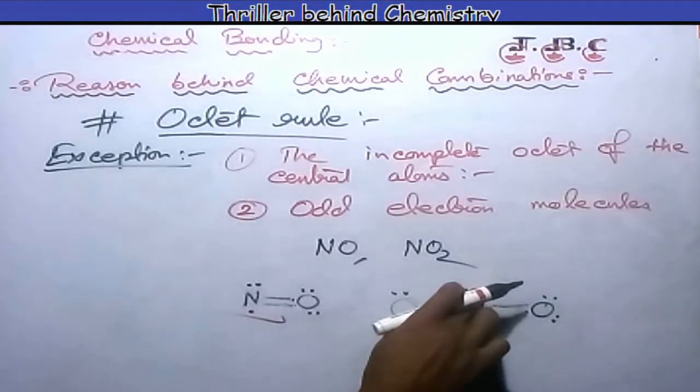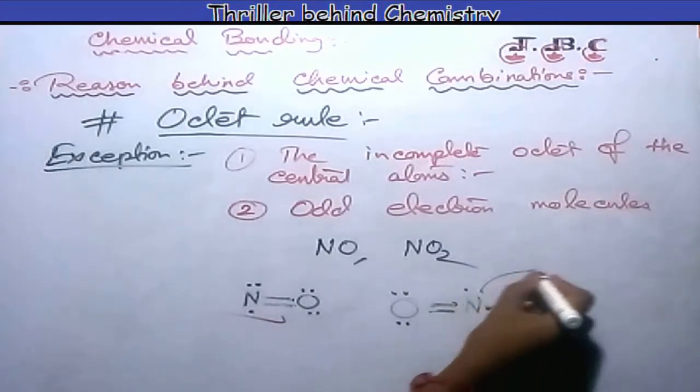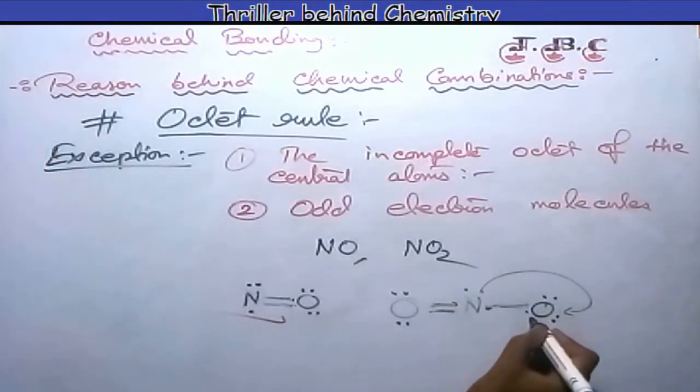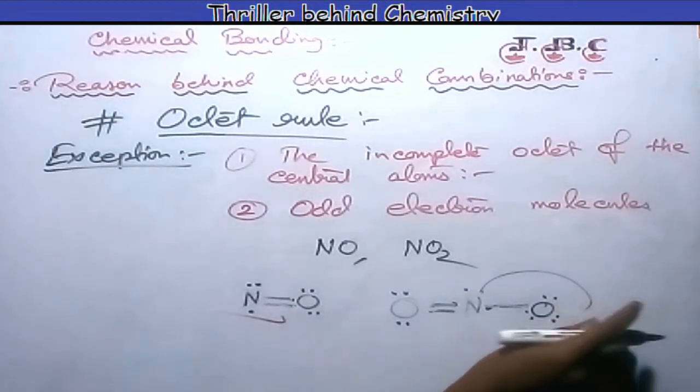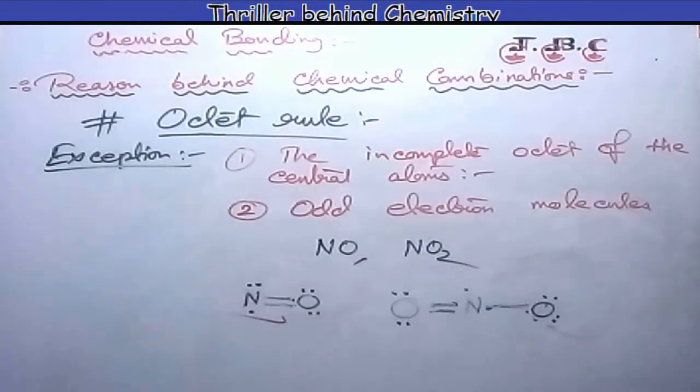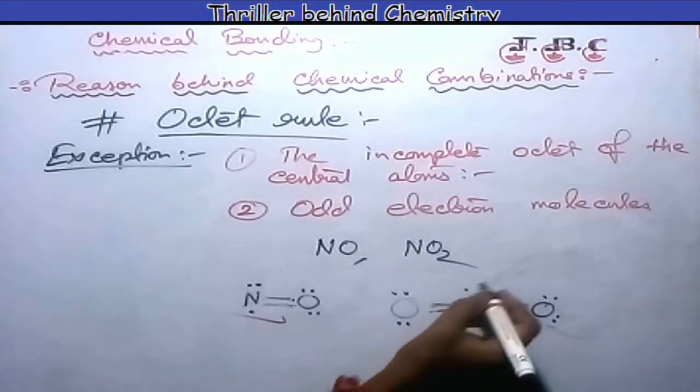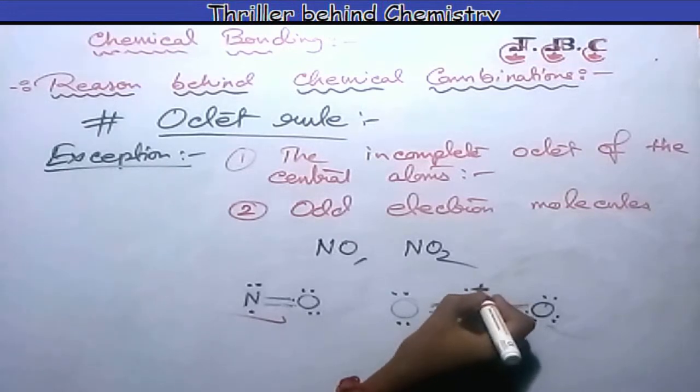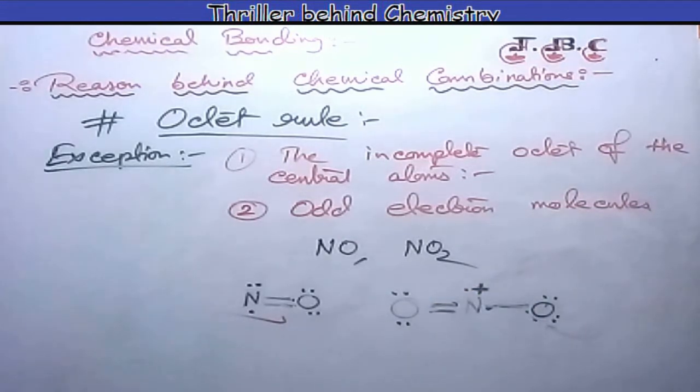So here, for donating an electron to oxygen, nitrogen has a formal charge of +1, and to gain an extra electron, oxygen has a formal charge of -1.